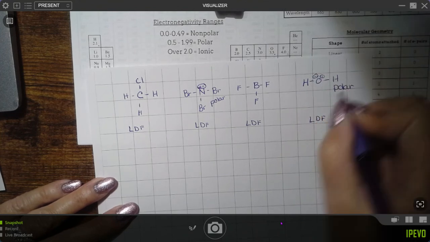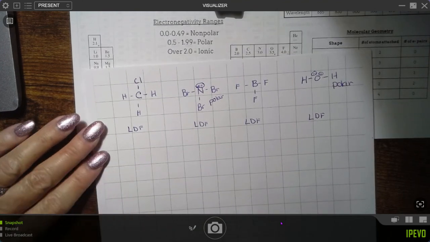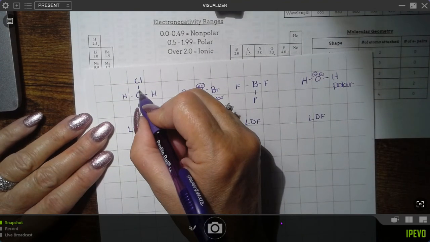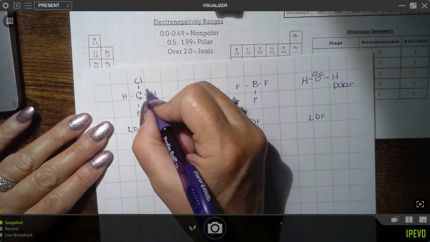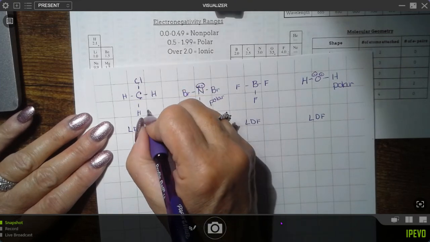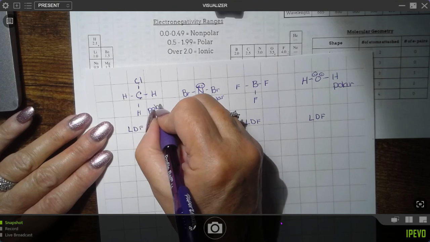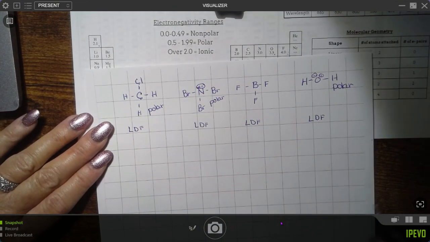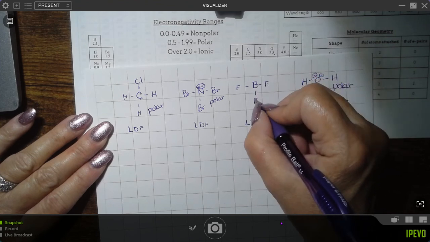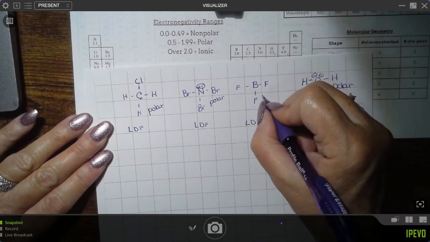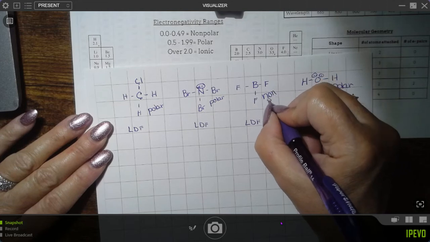What about this? No lone pairs of electrons, but notice I've got chlorine and hydrogen, so I've got 2 different things attached. So this is polar. And then BF3, there are no lone pairs of electrons. Everything attached is the same, so this is a nonpolar molecule.